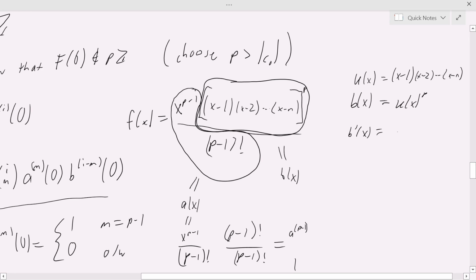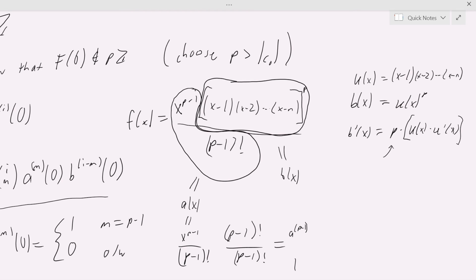And so b prime of x will be p times u of x, and then the chain rule says you multiply by u prime of x as well. Now, it doesn't really matter what u of x times u prime of x is. The point is we have this p out front now. And this p is going to persist not only for this derivative, but for all the successive derivatives.